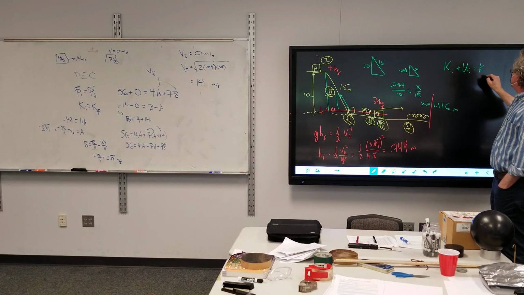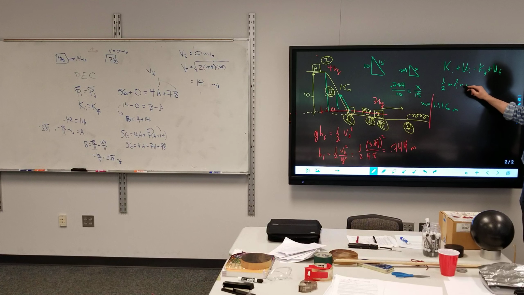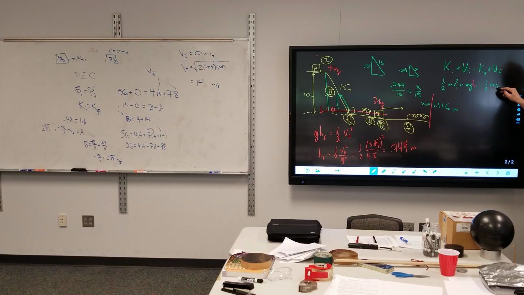Initially, 1/2 mv initial squared plus mgh initial equals 1/2 mv final squared plus mgh final. It's the same setup as we had before. Let's keep h equal to 0 where we had it before, so that's 0, again, because Cooper said so. That's 0 because it's going to stop. And what we're left with is 1/2 times the initial speed squared is equal to gh final. Okay, that makes sense, where it comes from.